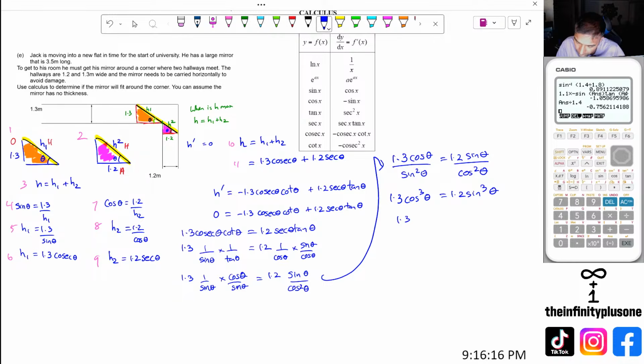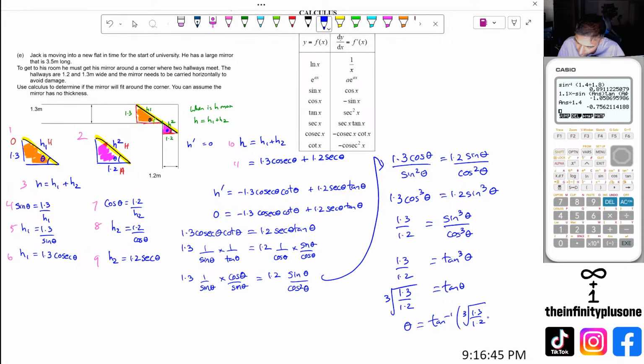Then I'm going to go 1.3 divided by 1.2 is sine cubed theta over cos cubed theta. Then I'm going to get tan cubed theta is 1.3 over 1.2. Then keep going. Tan theta is the cube root of 1.3 divided by 1.2. Then theta is equal to inverse tan of the cube root of 1.3 over 1.2.